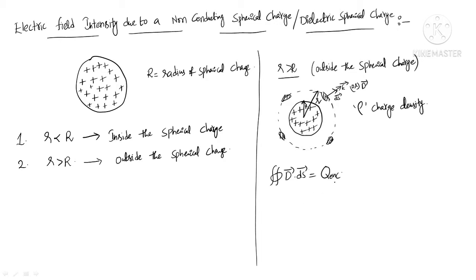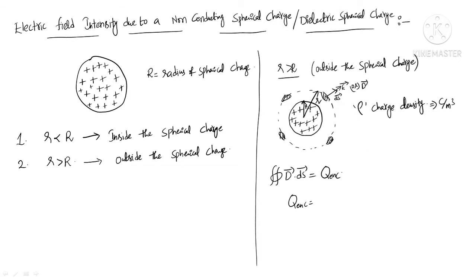Q enclosed is the charge enclosed by this Gaussian surface of radius small r. Rho, the volume charge density, is given in coulombs per meter cube, which means it gives us the charge for 1 meter cube of volume. The amount of charge available for 1 meter cube of volume can be obtained from the charge density.